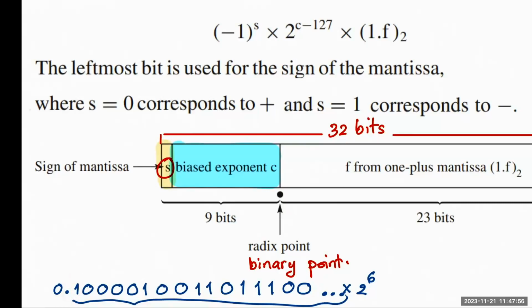We want to write it in a way where we know it is 1. So we get 1 point, and I have to write down here 1.0. Okay, so the first number 1 in front of the radix point, we will not store. It means that instead of storing 1 0 0 0 0 1, we store 0 0 0 0 1 1. Okay, so you can save 1 bit.